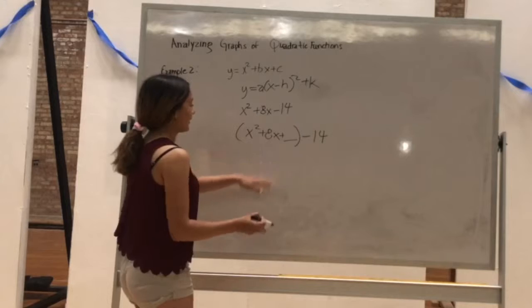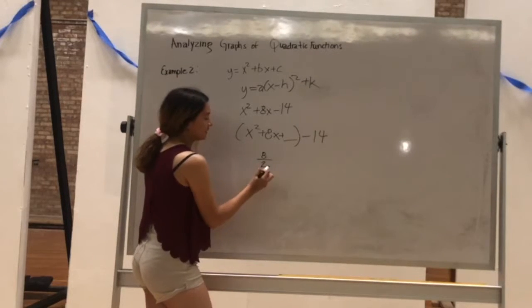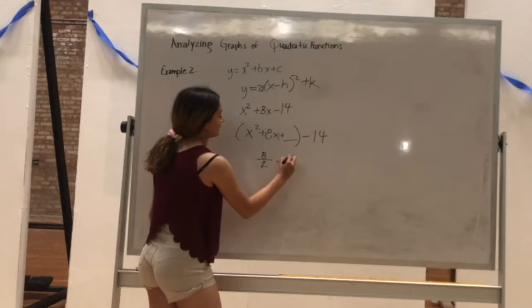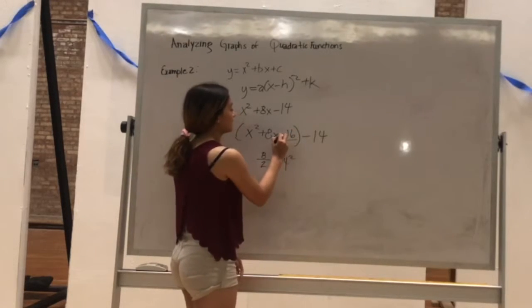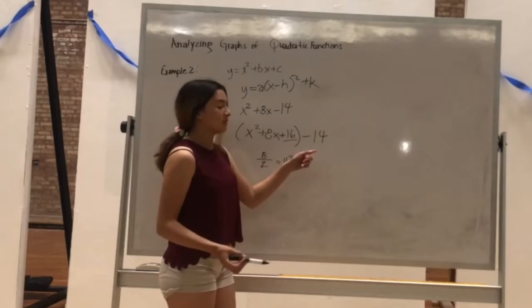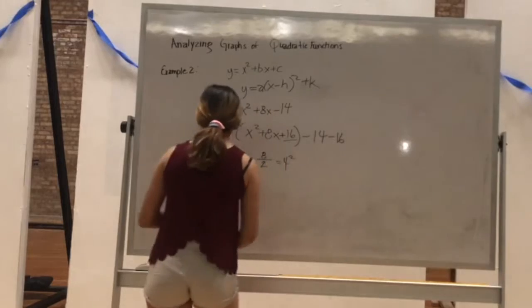Now you take 8 divided by 2, which is 4, and square it, which is 16. So you add 16 here, and since you add 16, you do the opposite to the other side: 14 minus 16.